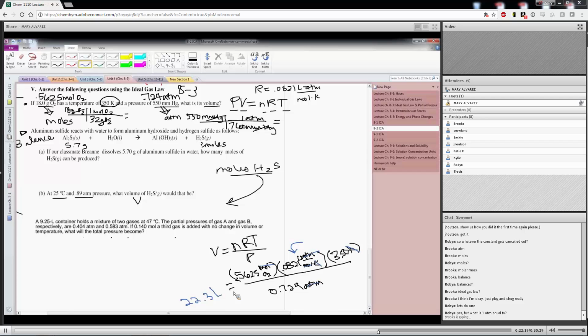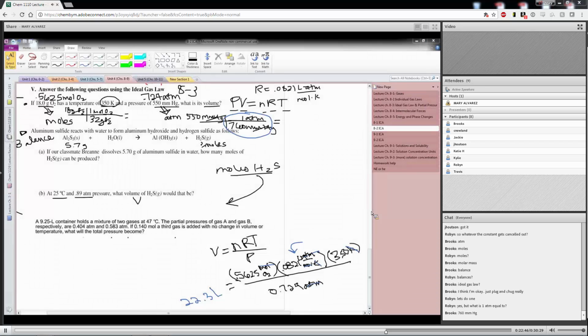I think you guys are pretty familiar with algebra. 1 atmosphere is equal to 760 millimeters of mercury. And I give that to you on an exam too. That's the conversion between the two. Yes. Again, if you guys ever want to see what you get on an exam, you just go to our homepage.